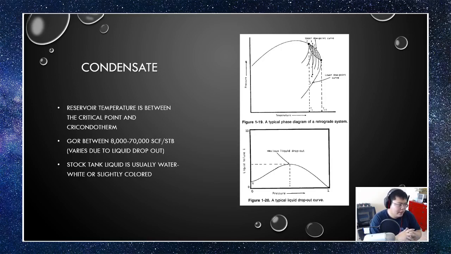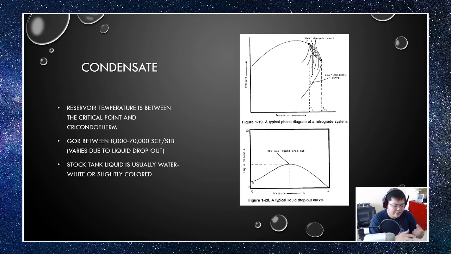Condensate, like I said, has temperatures between the critical point and the cricondotherm. The gas-oil ratio is between 8,000 to 70,000. However, that varies due to the amount of liquid that is being dropped out.